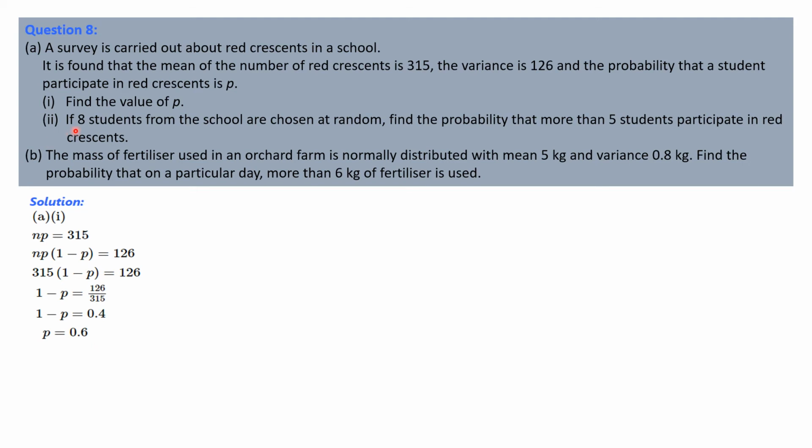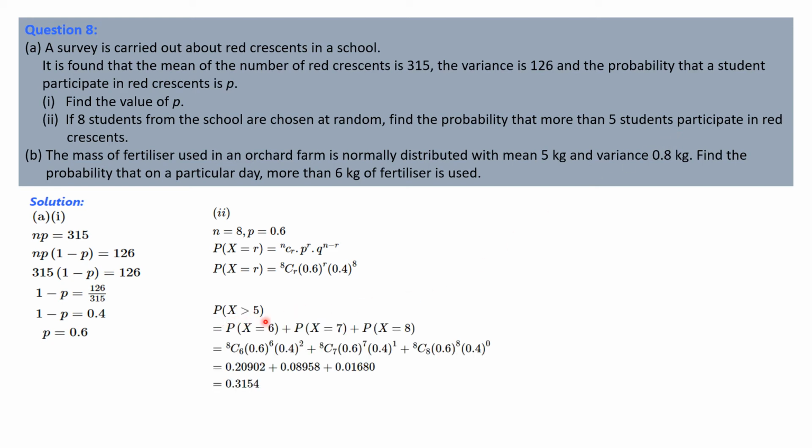Question 2. If 8 students from the school are chosen at random, find the probability that more than 5 students participate in the Red Crescent. So we have n equal to 8 and p equal to 0.6. For more than 5 students, we have the probability of x equal to 6, plus x equal to 7, plus x equal to 8.